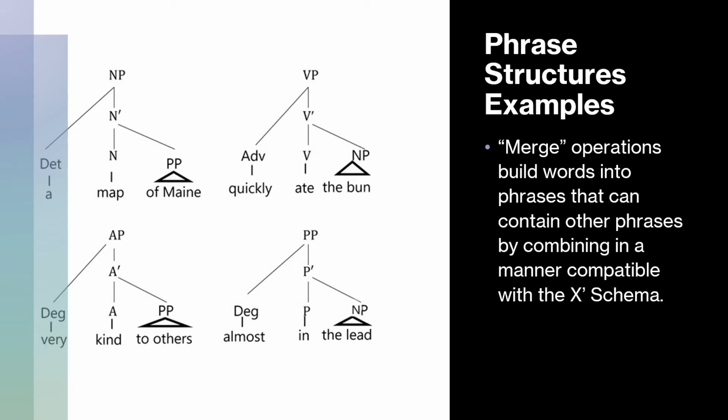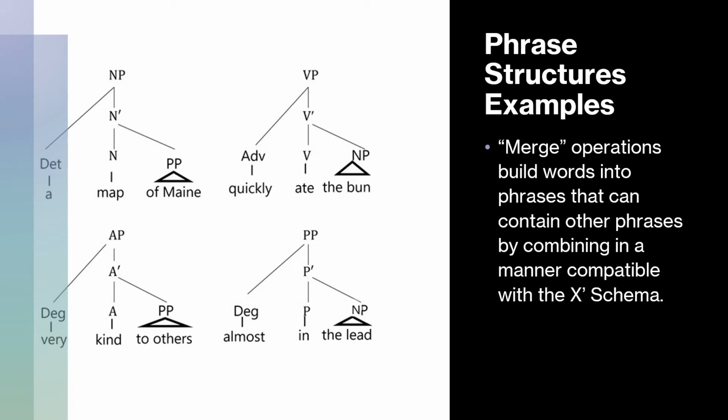All right, so phrase structure samples. We're going to show you here how merge starts to work to put words and phrases together to create other phrases. So if we look at our noun phrase, a map of Maine, you should notice you have an individual word a, an individual word map, and we have already a phrase of Maine. So notice that of Maine is actually a prepositional phrase.